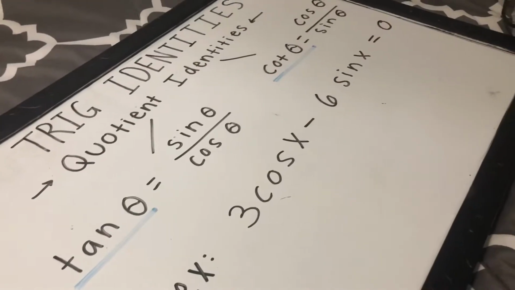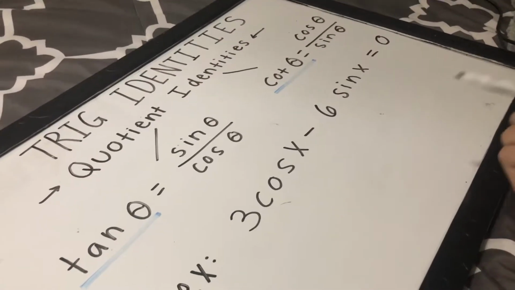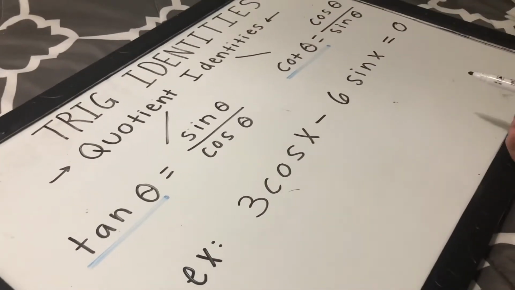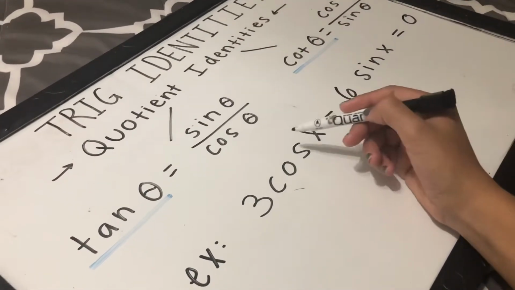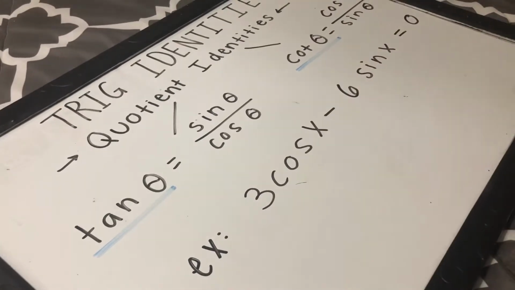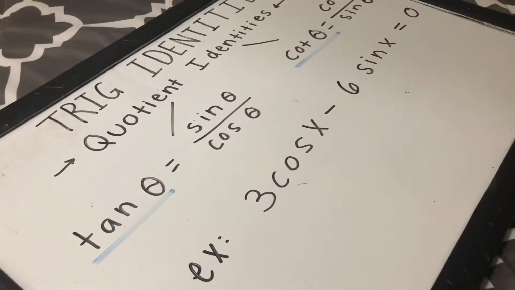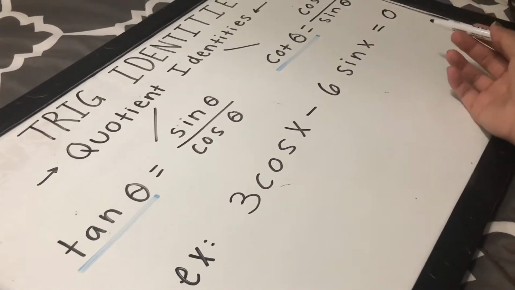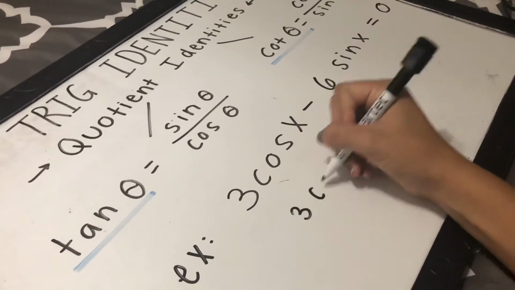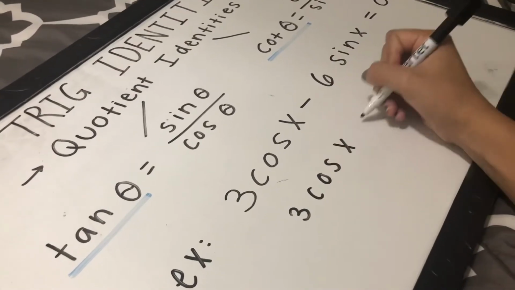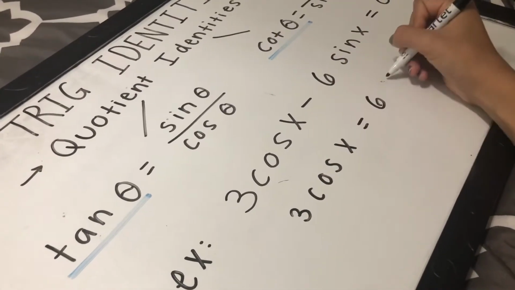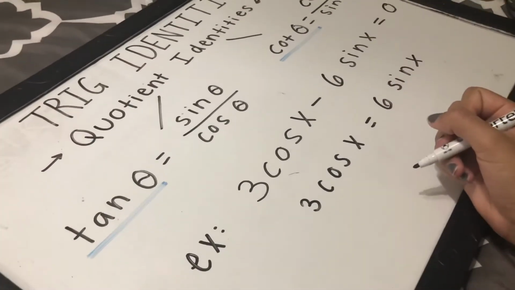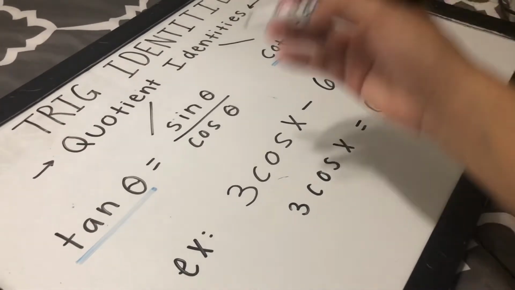This identity can be used in, for example, a problem in which you're given cosine and sine, and you need to get rid of one of them, but none of them are squared, so the past identity, the Pythagorean identity, wouldn't apply. So what you would do here is you would add 6 to the other side to get 3 cosine x equals 6 sine x. And then you could go either way.